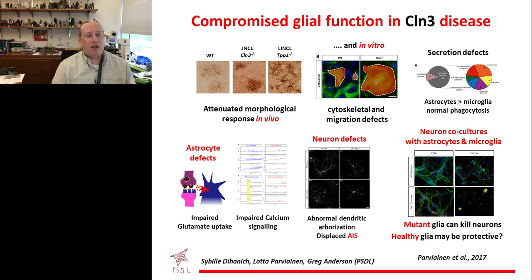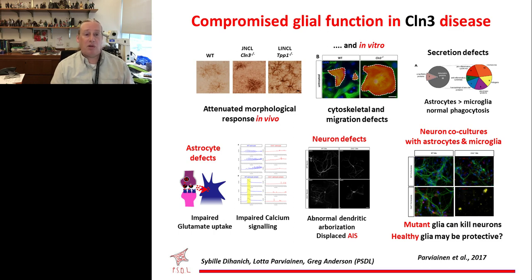In the far right there, you can see cells that have become fully activated. They have a much larger cell body. They stain much darker and have very few but thick processes. In the middle, we see a CLN3 mouse in which, yes, it is darker and more brown, but it hasn't changed its shape fully. It's as if it's got started and then got stuck partway along through that process.